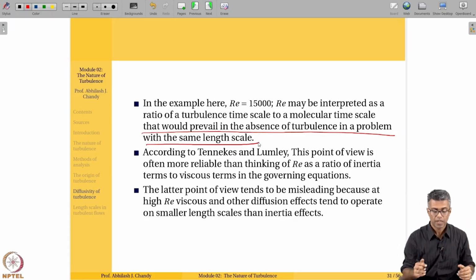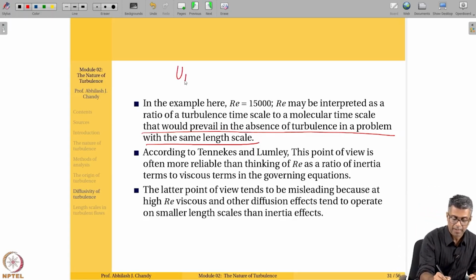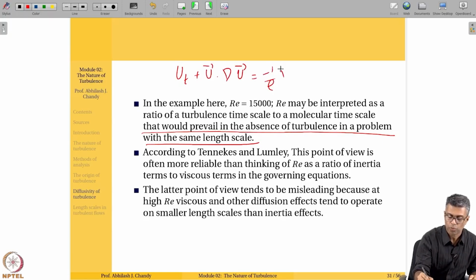Navier-Stokes equations, right? So again, I want to repeat this here: you have u dot del u is minus 1 over rho del p plus nu del squared u.